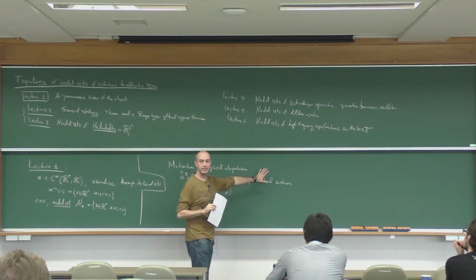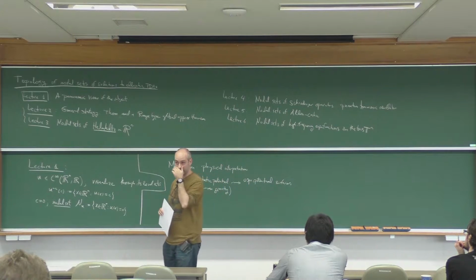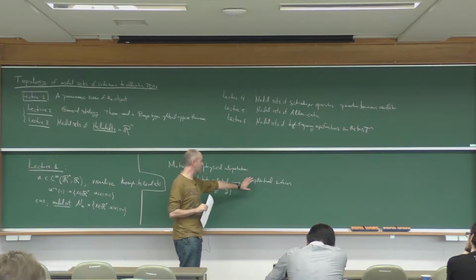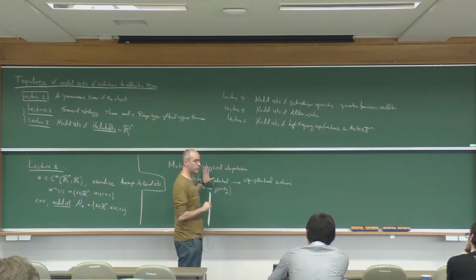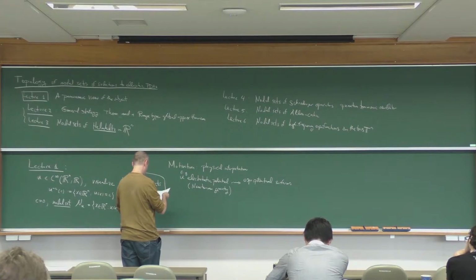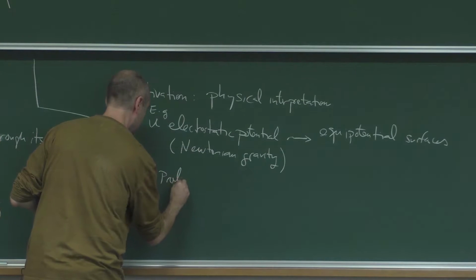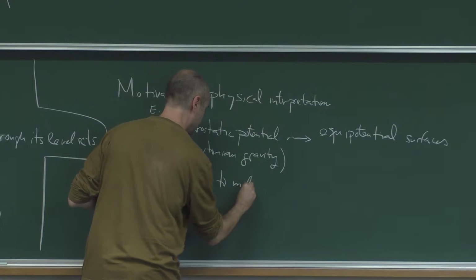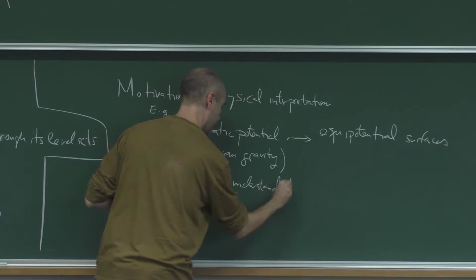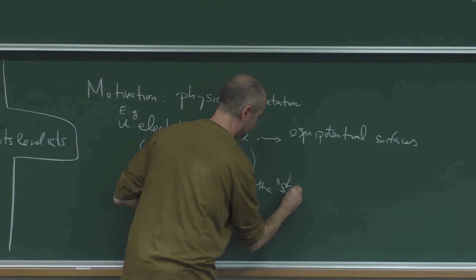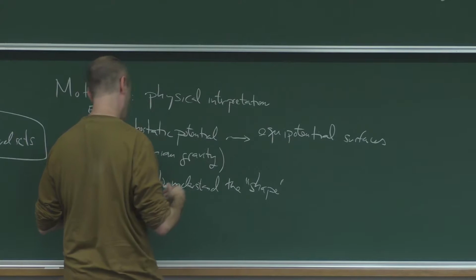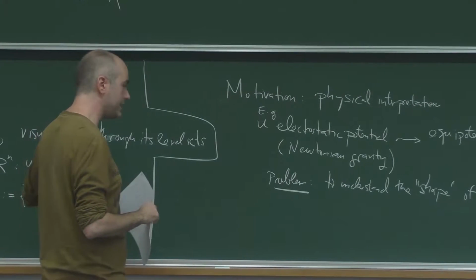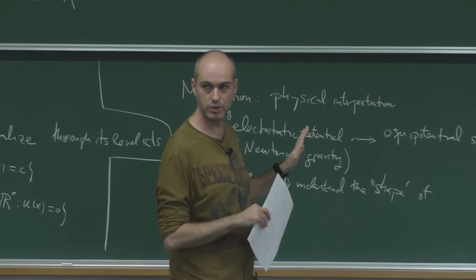In this context, it's interesting and sometimes quite useful to understand the shape of these equipotential surfaces, both for Newtonian gravity or for electrostatic potential. So you have a problem, which is to understand the shape of some physical objects that amount to studying the level set or the zero set of some solution to a PDE.